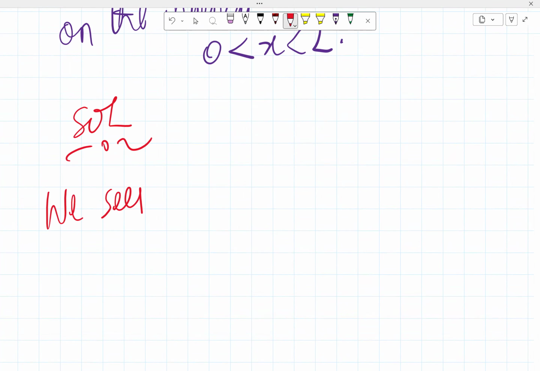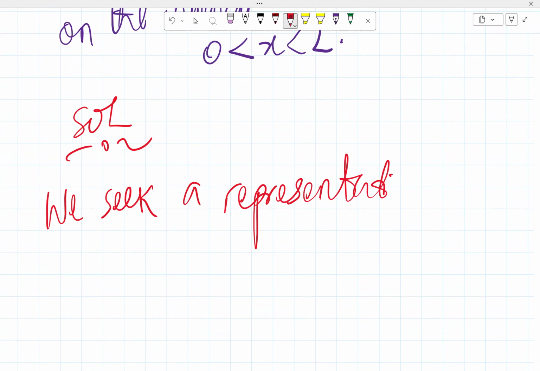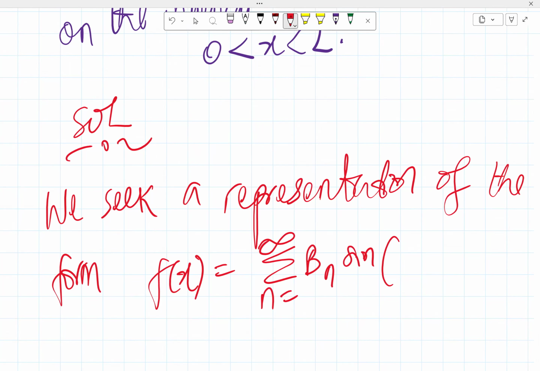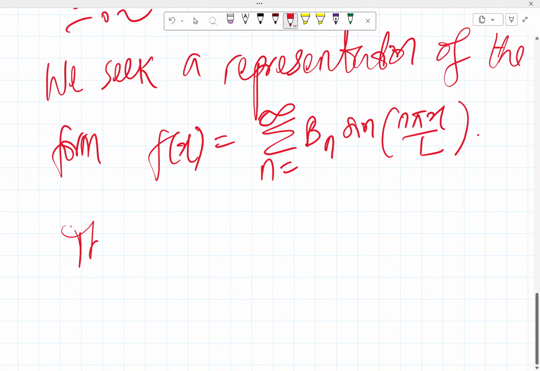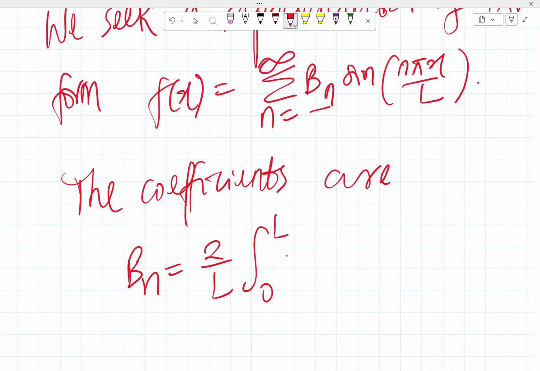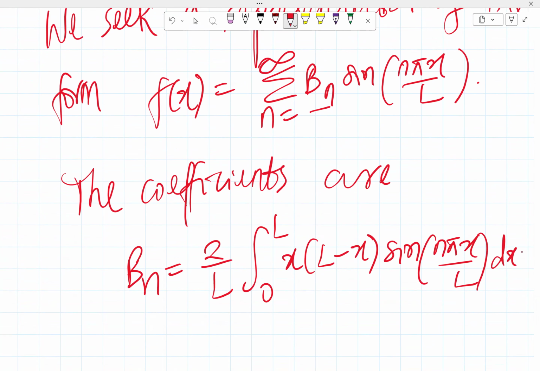We seek a representation of the form f of x equals the summation from n equals 1 to infinity of b sub n sine of n pi x over L. The coefficients, this b sub n for instance, are b sub n equals 2 over L times the integral from 0 to L of x times L minus x times sine of n pi x over L dx. That is b sub n right there.